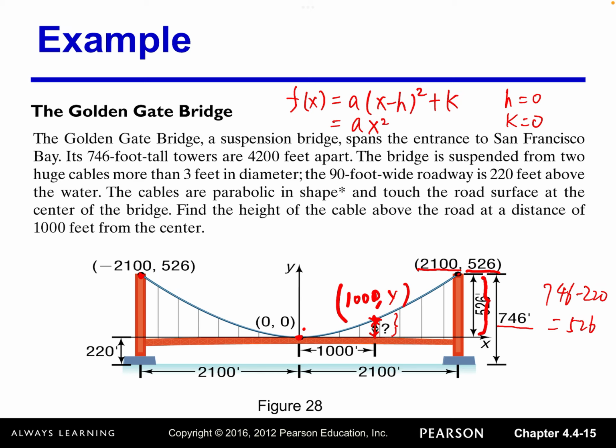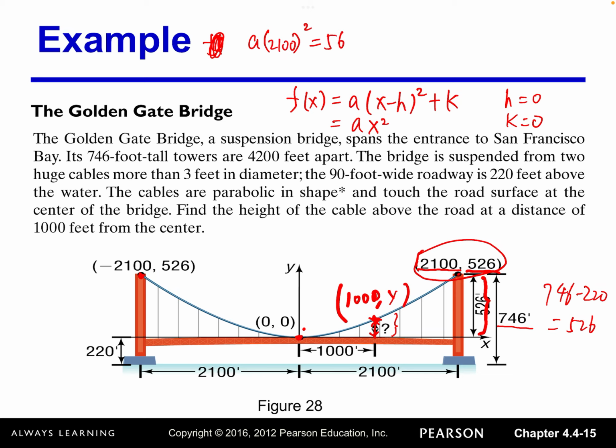We know one point, right? So all we need to do is plug this point into the quadratic function. We plug in, so a x squared should equal y, right? F of x, which is y. So let's plug in this point. X equals 2,100, y equals 526, right?